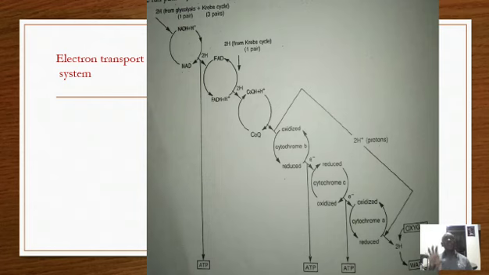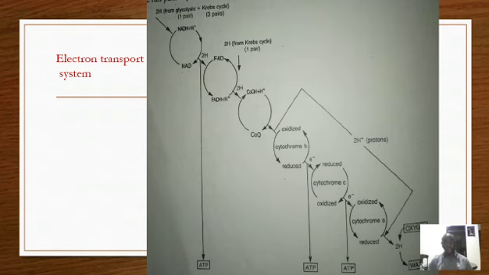Flashback. In your nutrition, photosynthesis, you looked at formation of ATP in presence of light, which you called photophosphorylation.